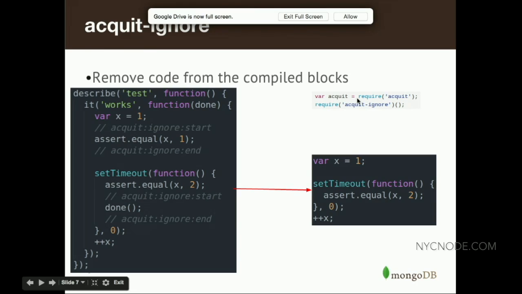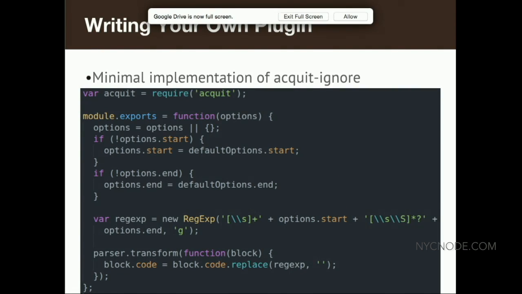Including that plugin is pretty easy. All you do is require it in and call the exported function. Implementing a plugin for Acquit is actually surprisingly easy. This is a minimal implementation of Acquit Ignore. The real implementation is a little bit longer because it takes into account some extra argument handling.